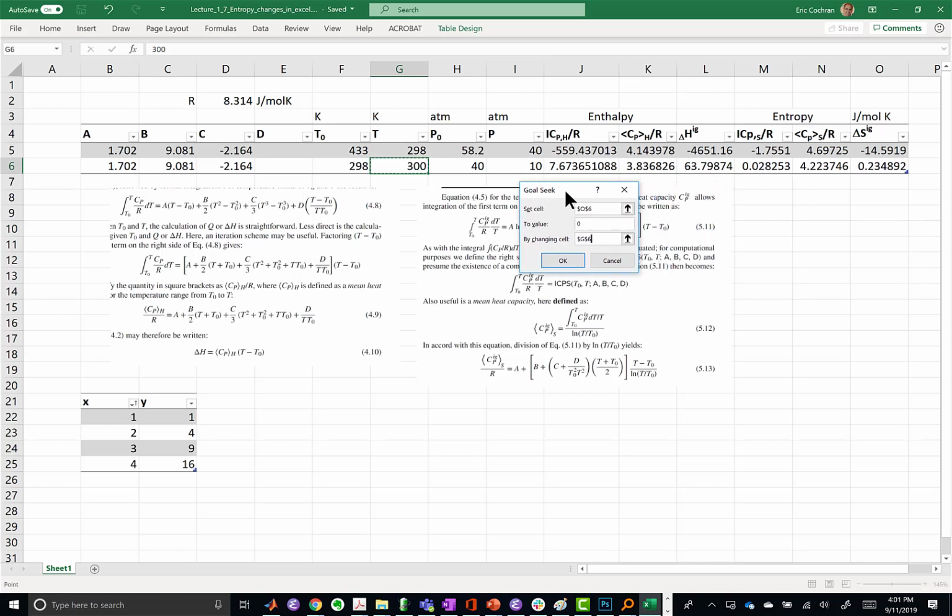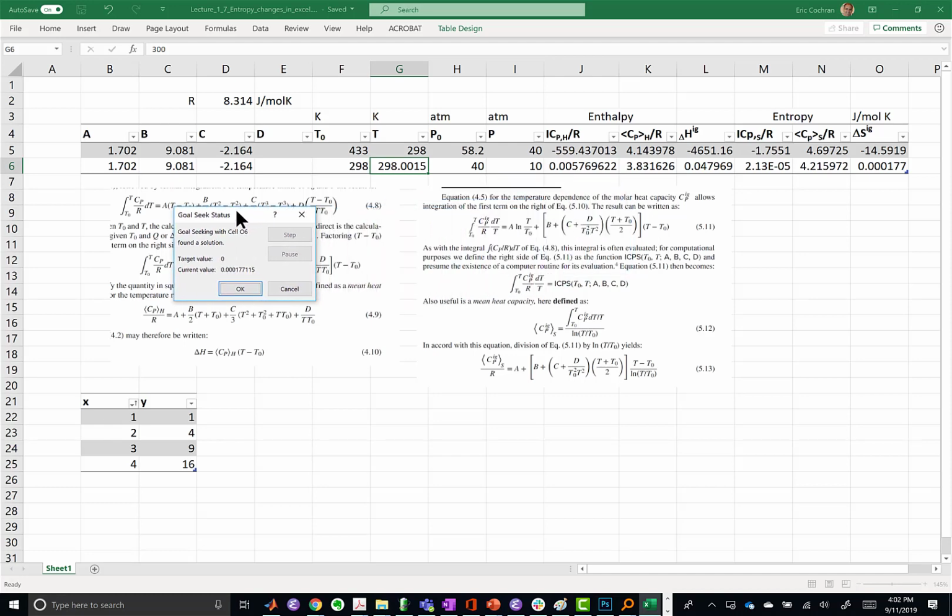So I want to set cell O6 to value 0 by changing cell G6. So I hit go, and it's going to fiddle around until it gets to the right final value.